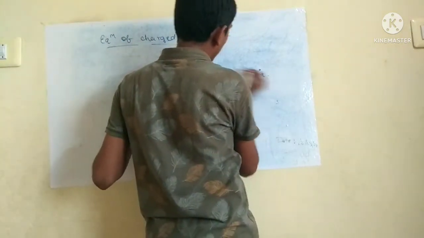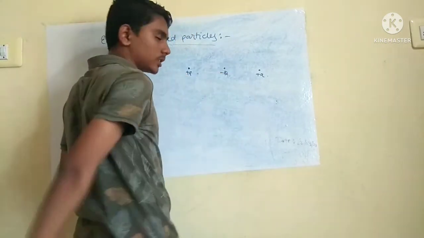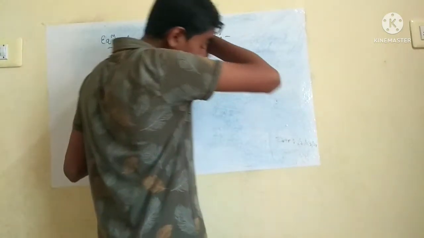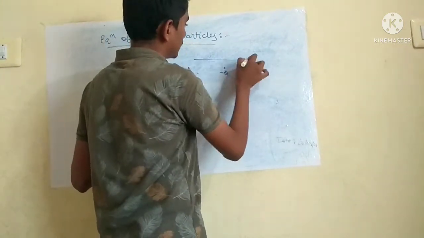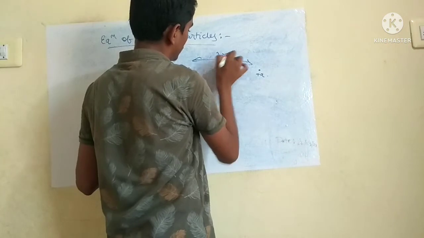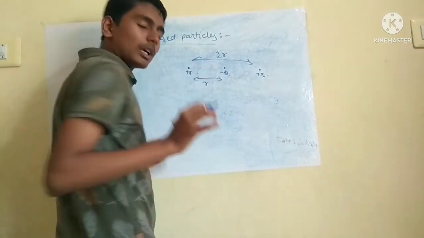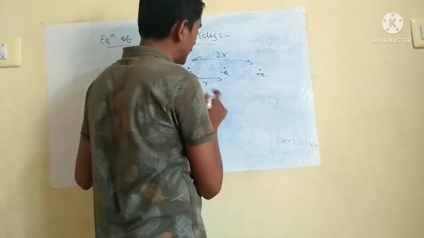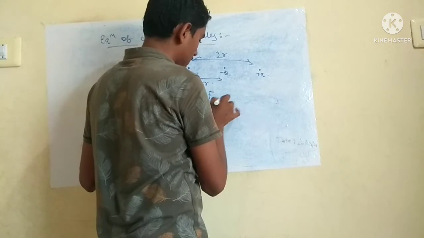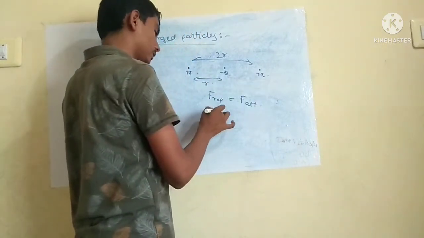Okay, now distance between them is 2r. If I take -q charge, now I will calculate the magnitude of this -q. Now this is 2r and this is r. Here the condition is that repulsive force should be equal to attractive force. What is force of repulsion?